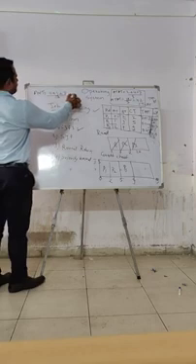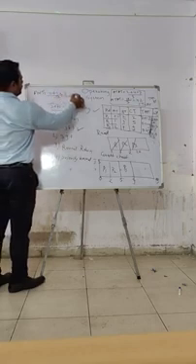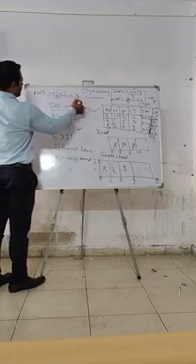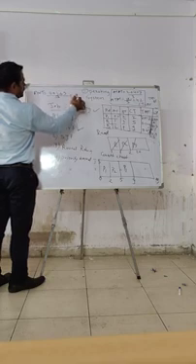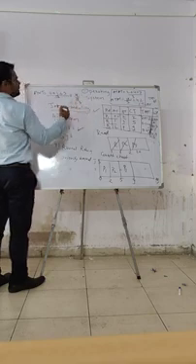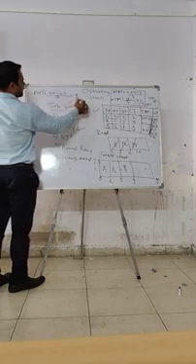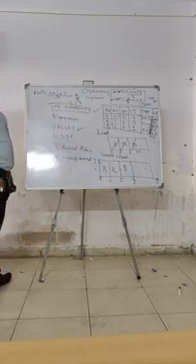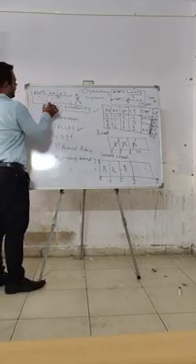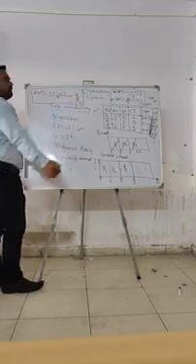It will be 4 by 3. And the final answer will be 1.3 something. This is the average waiting time.